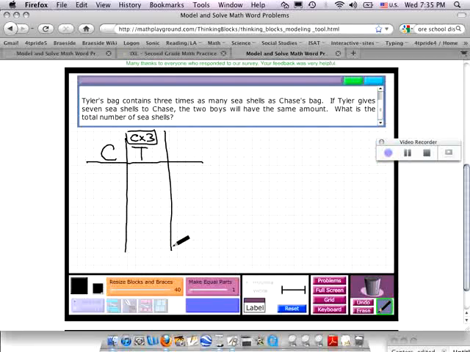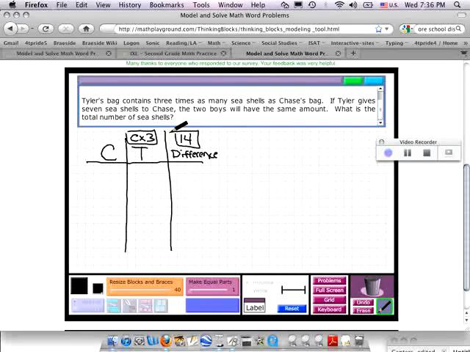And it says if Tyler gives 7 seashells to Chase, they have the same amount, which means that the difference, Tyler must have 14 more seashells than Chase. Why?